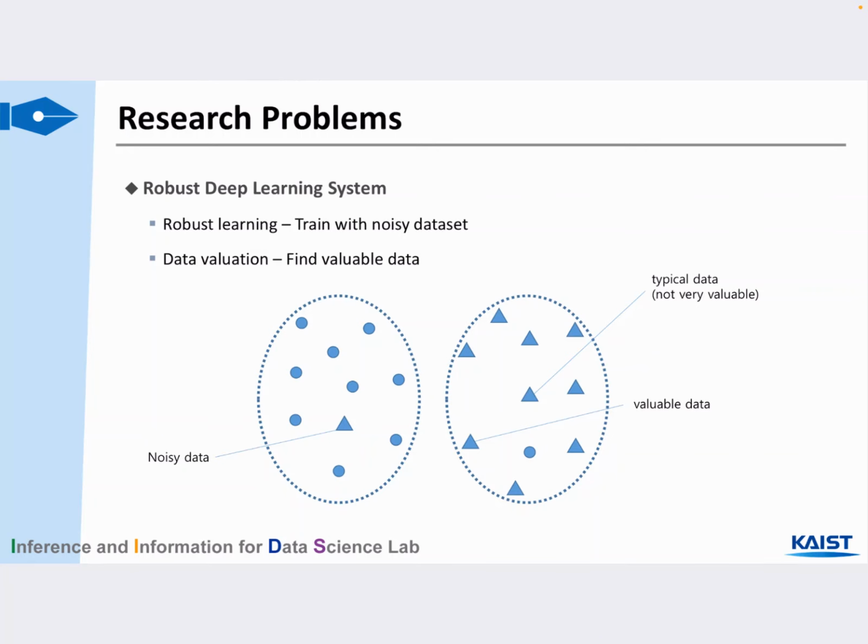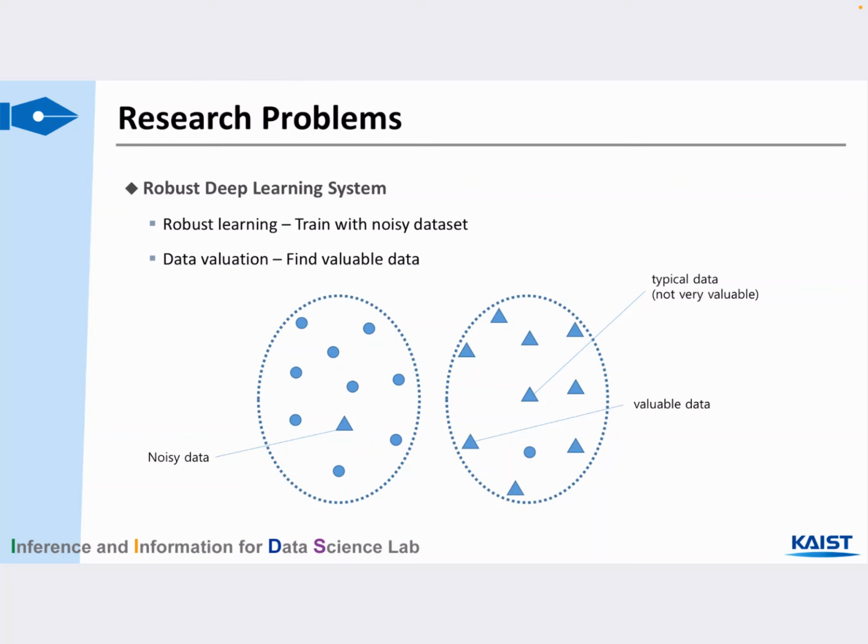The third topic we study is robust deep learning systems. Usually the dataset used in a deep learning system is not clean and contains a lot of noisy data. So we have to come up with a robust learning algorithm that performs well even if the dataset is noisy.